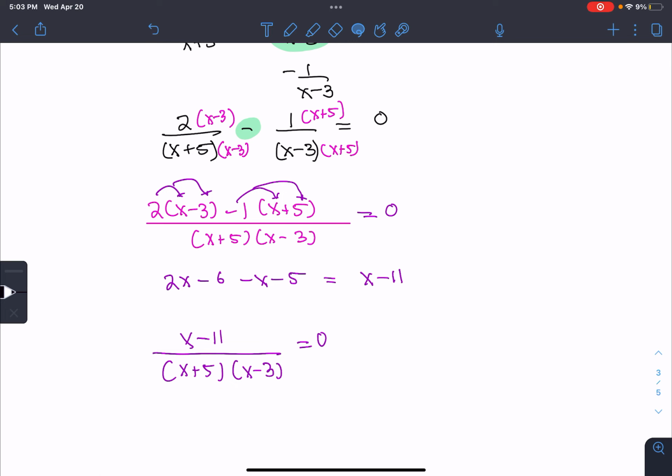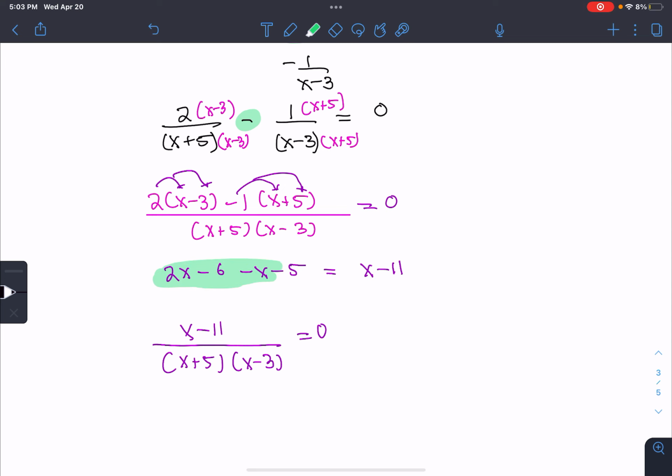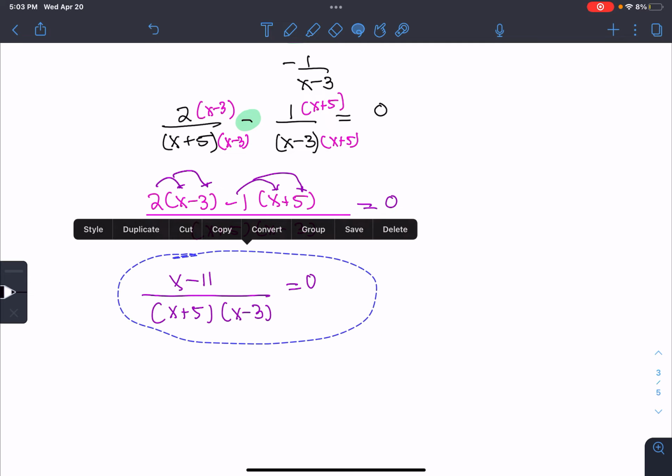All right, I just want to make sure, everybody, that this step right here, I'm about to erase this. This step was just me simplifying the numerator. Once again, I did that a little quickly. Just double check your math because you work so hard, you don't want to make a mistake at this point. So I'm going to erase this so I can have more room. I'm going to move this up.